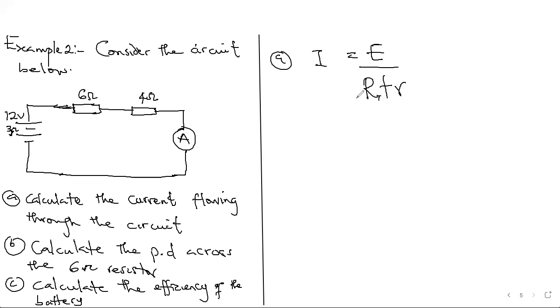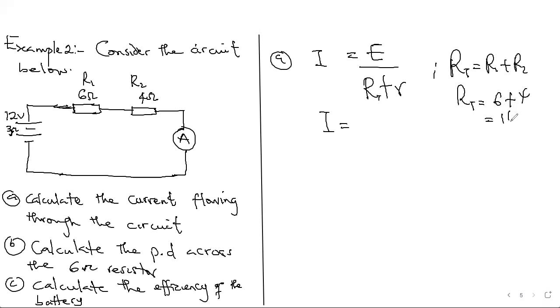Basically, I can call it RT, because now I have more than one resistor. Because these 2 resistors are connected in series, my RT will be R1 plus R2. So RT will be 6 plus 4, which is 10 ohms.